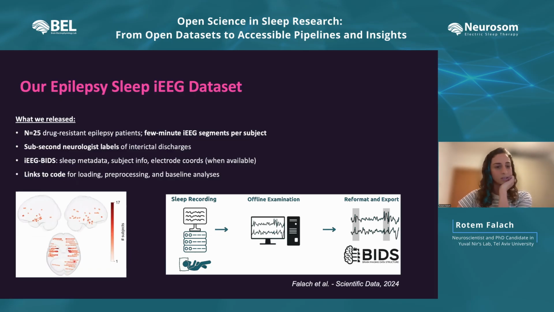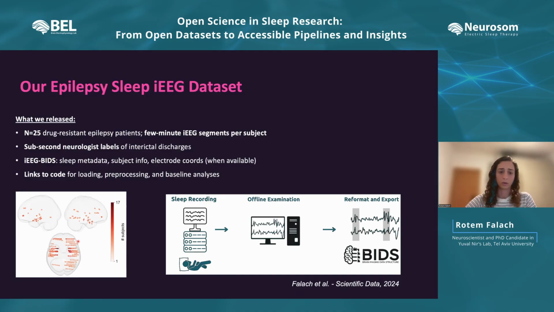Of course, this is not one patient, but most of them have electrodes in the medial temporal lobe, which you see in the darker areas. And each one has, let's say, 5 to 10 electrodes along the shaft from different brain areas, and they sleep in the hospital.